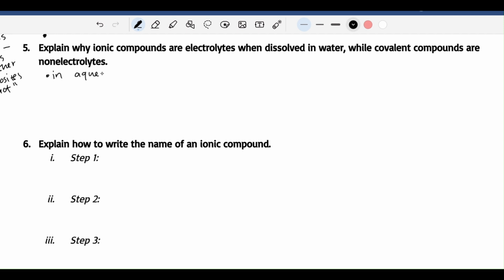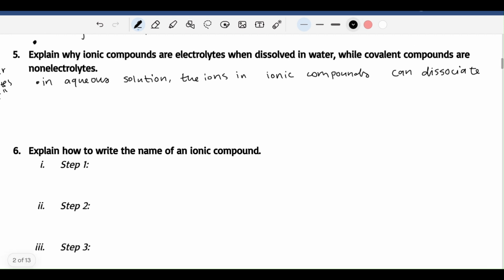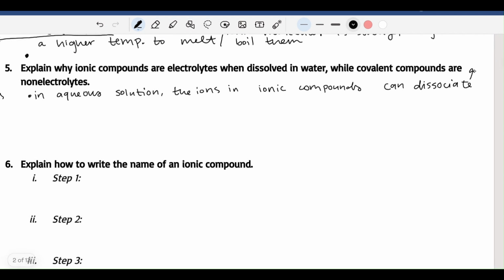So, okay. In aqueous solution, which is something dissolved in water, the ions in ionic compounds can dissociate, which dissociate just means separate, if you want to write that down.